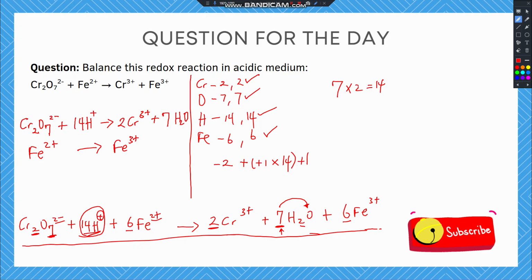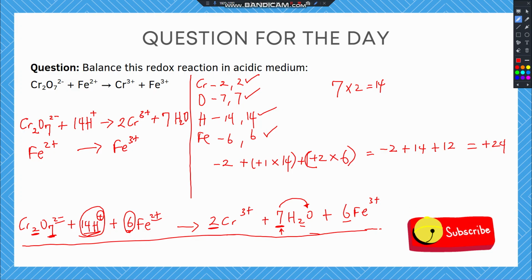So let's indicate it, +2 in this bracket multiplied by 6 because of this coefficient of 6. So altogether we have -2 plus 14 plus 12. -2 plus 14 plus 12 gives us +24. That is the charge on the left hand side.